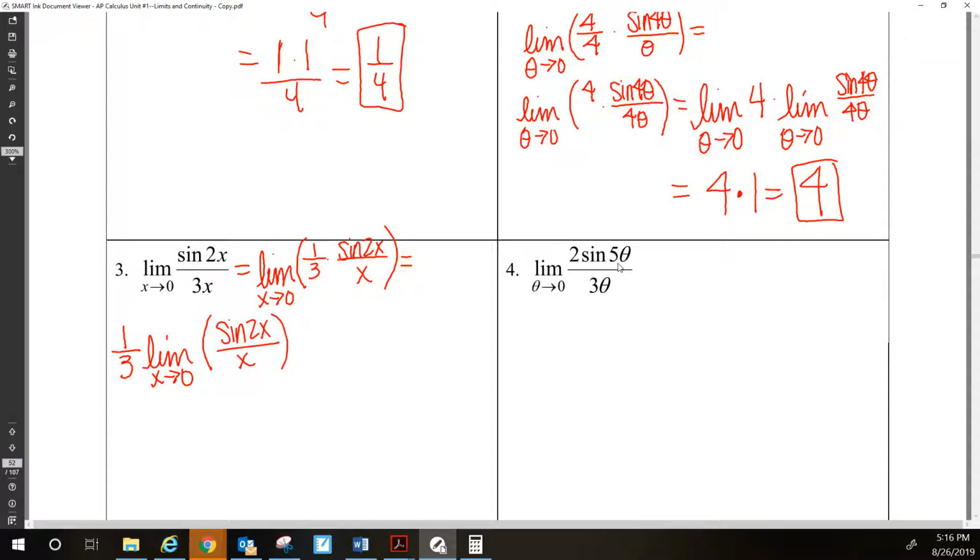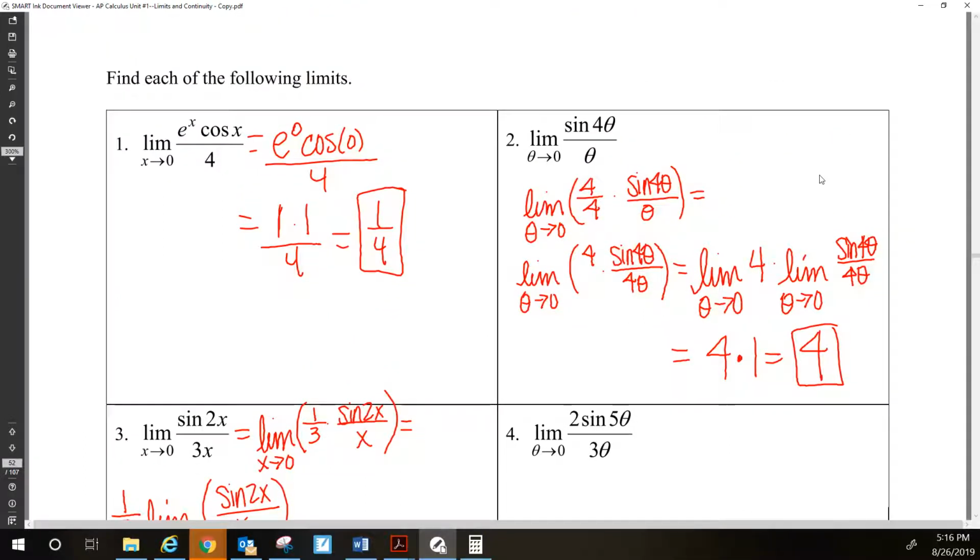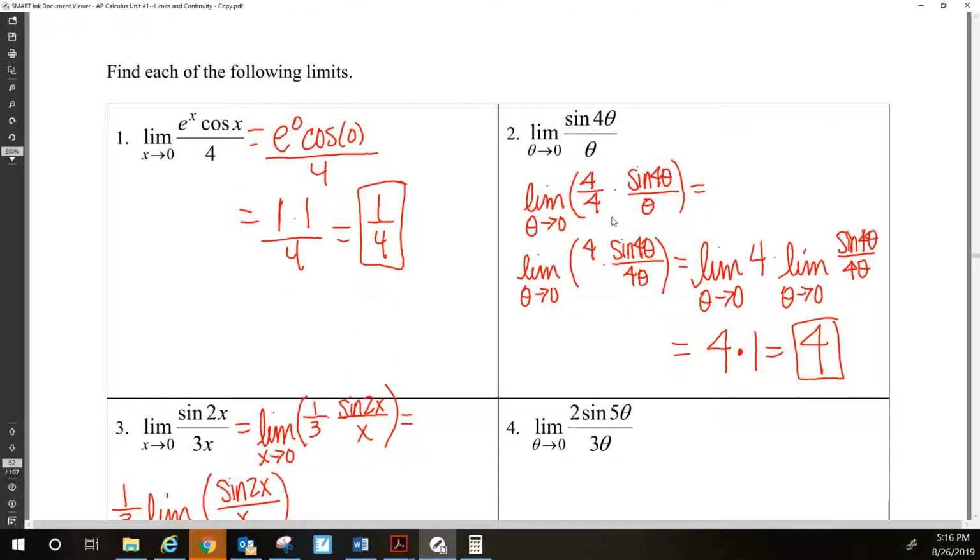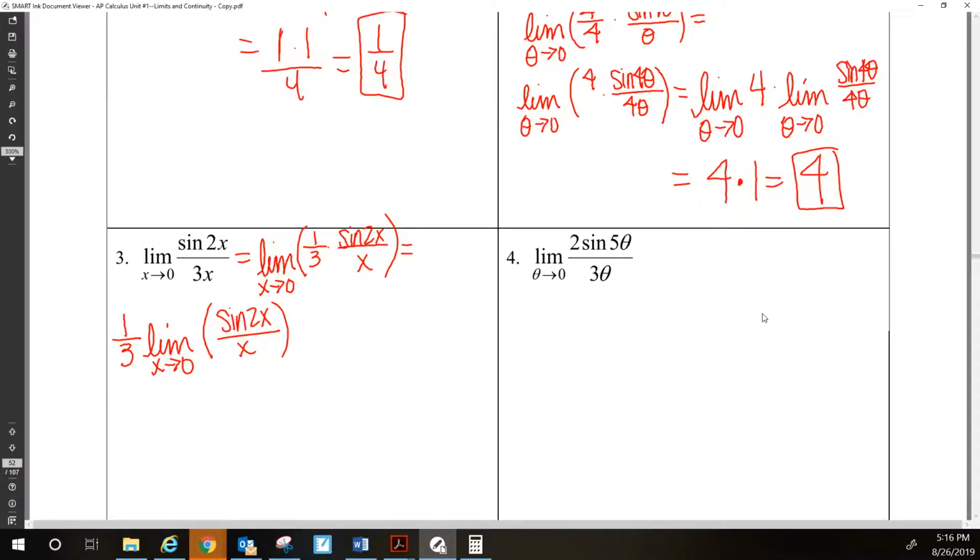Well, I'm now back to this kind of problem that we just did here. And I'm going to do this trick and multiply it times 2 over 2, so I can get a 2 in the denominator. So this would be 1/3 limit as x goes to 0. I need to get a 2 down here, so I'm going to make this 2 over 2 times sine 2x over x.